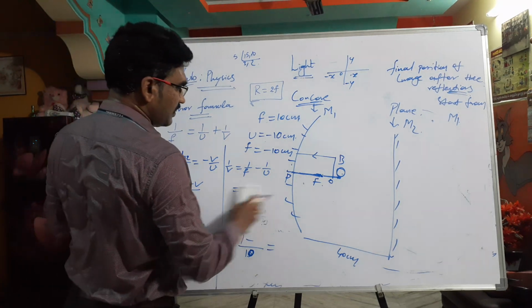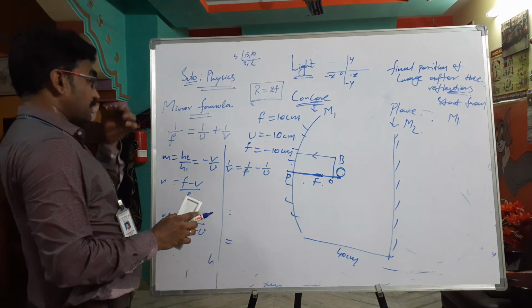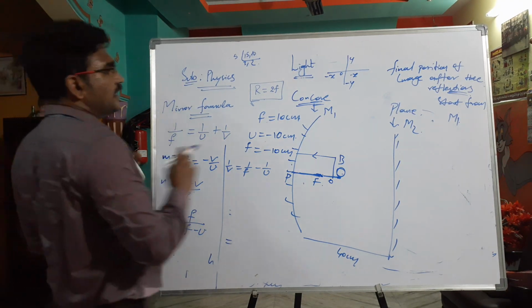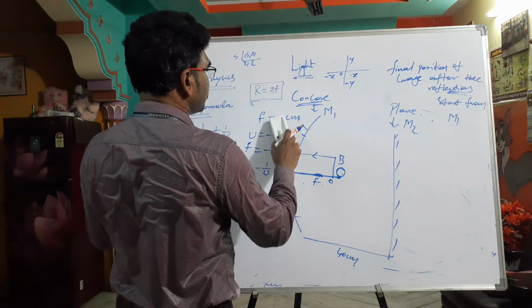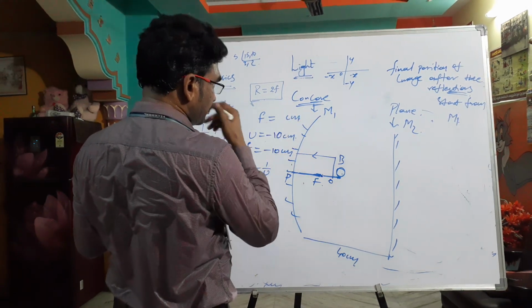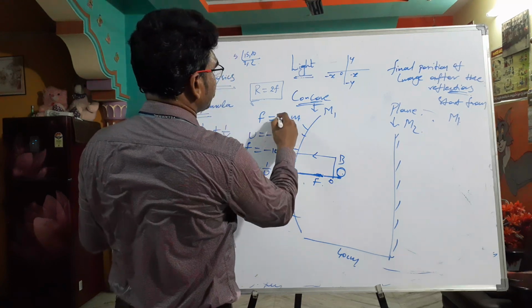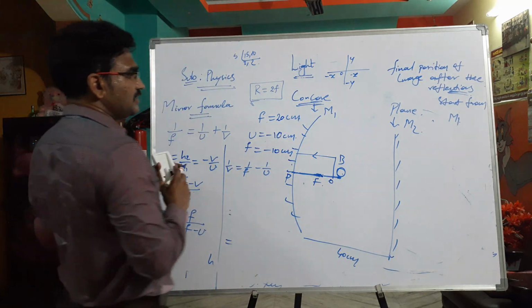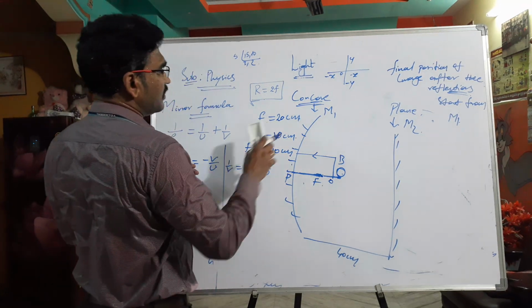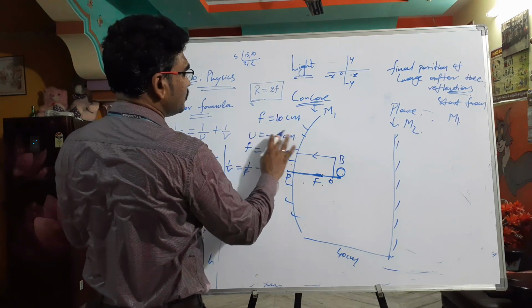Let us take any other values. Let us take the object distance as 20 centimeters, with focal length as 10 centimeters.